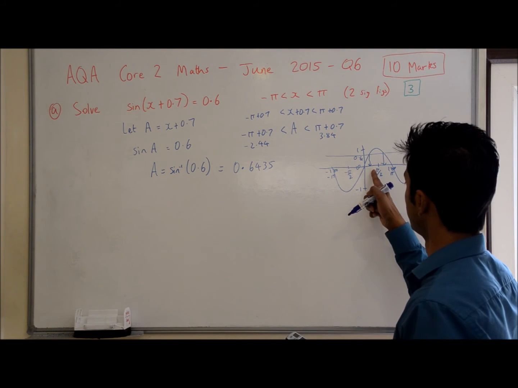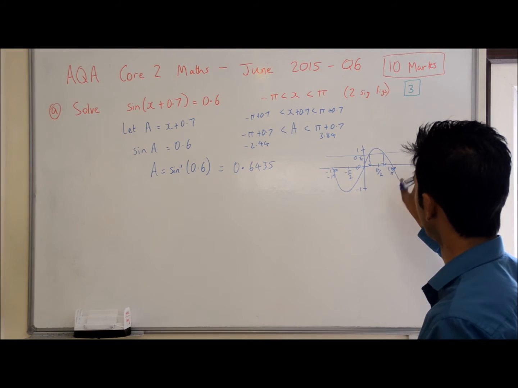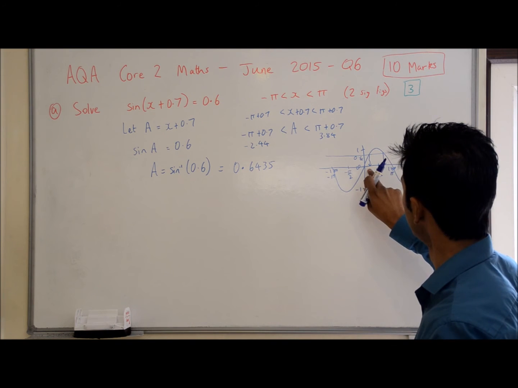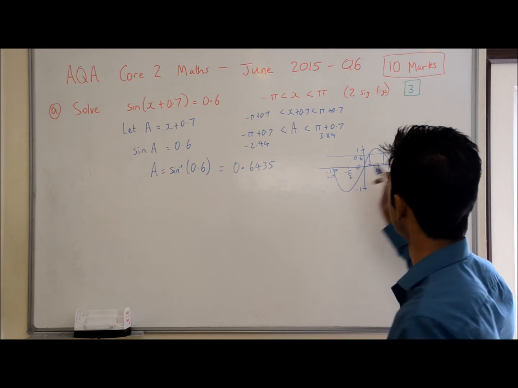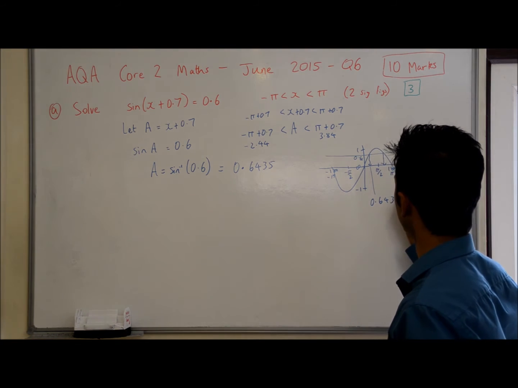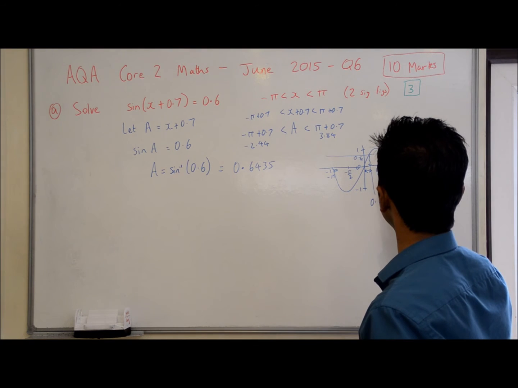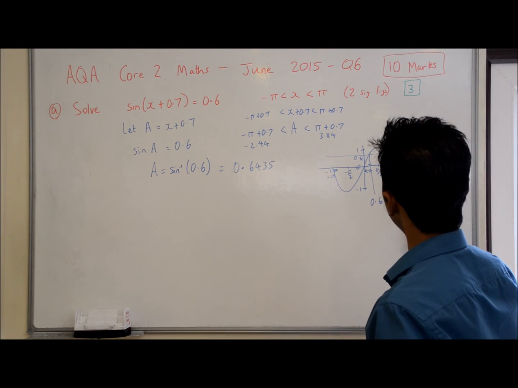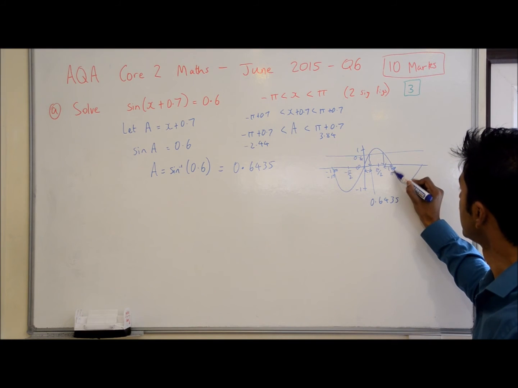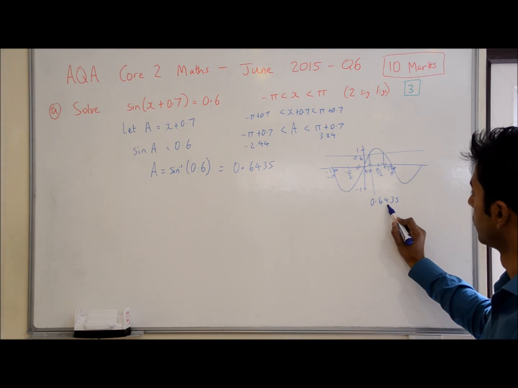Pi is 3.14, so pi divided by 2 is just over 1.5. This number is less than 1.5, so this must be 0.6435. By symmetry, that distance there must be the same as that distance there. To work out this arrow, we know this is pi, and we know that this distance here from 0 to that number is 0.6435.